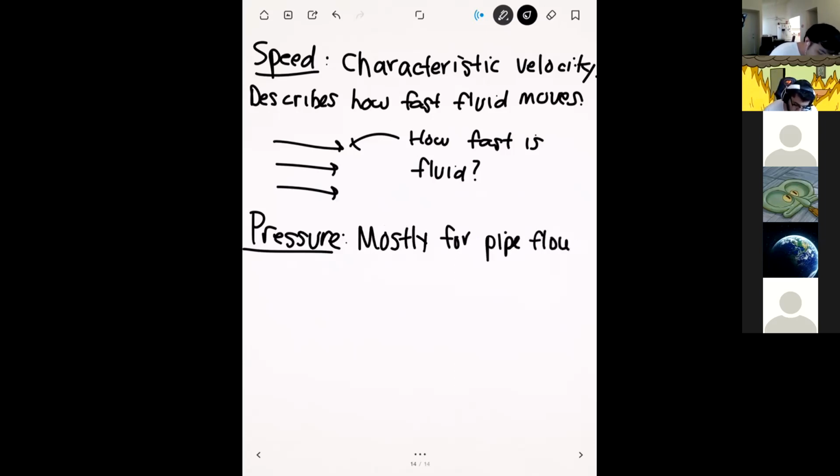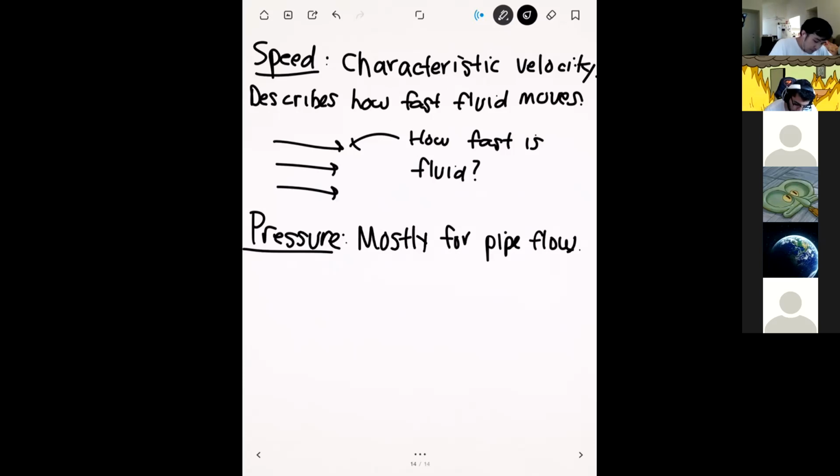But it can be important for external flows too. Actually, the flow of air in the environment is often driven by pressure differences that occur in the environment too. So pressure is something that's always important, but most of the time it's used to describe internal flows like pipe flows.